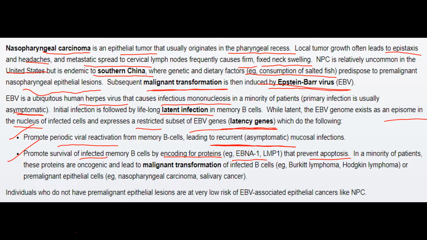In a minority of patients, these proteins are oncogenic and lead to malignant transformation of infected B cells, for example Burkitt lymphoma or Hodgkin lymphoma, or pre-malignant epithelial cells like nasopharyngeal carcinoma and salivary cancer. Individuals who do not have pre-malignant epithelial lesions are at very low risk of EBV associated epithelial cancers like nasopharyngeal carcinoma.